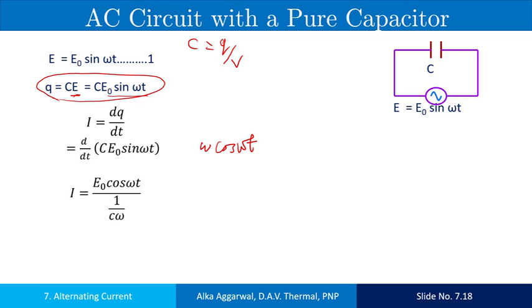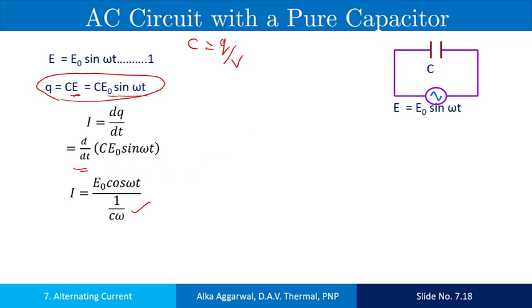So this relation becomes C omega E naught cos omega t, and this C omega can be written as 1 by C omega. So I is equal to E naught cos omega t upon 1 by C omega.